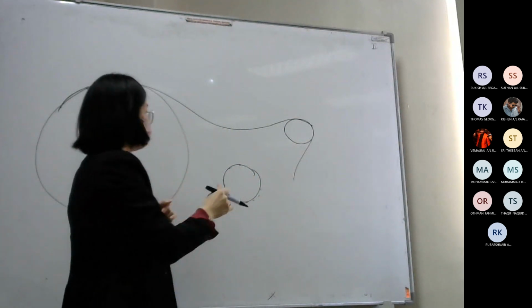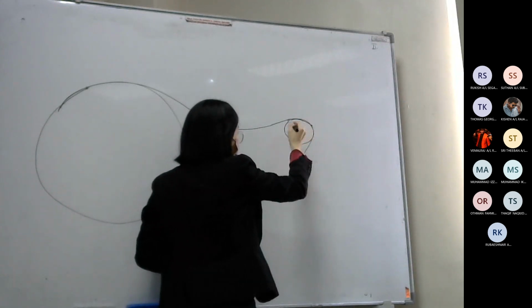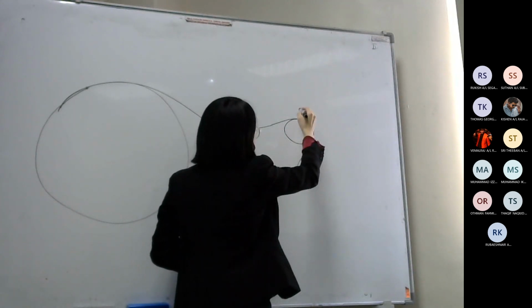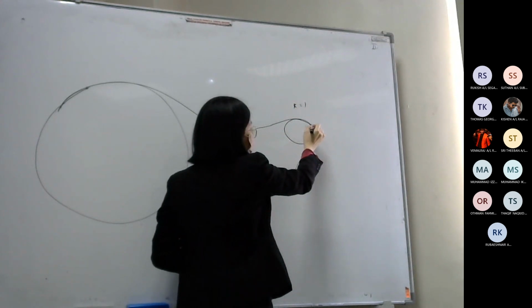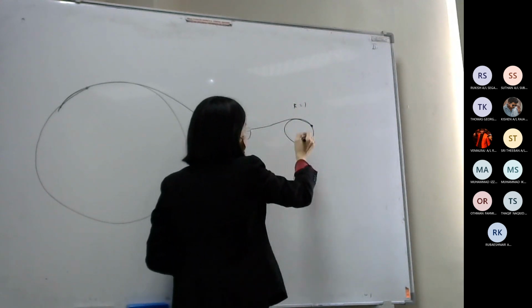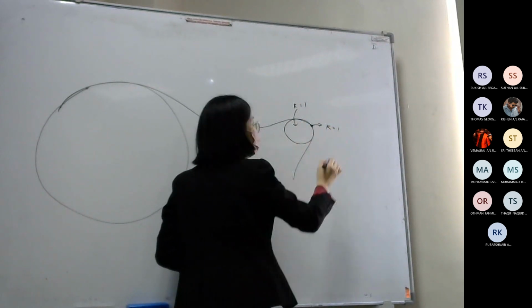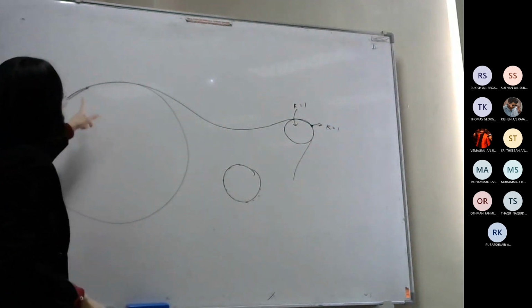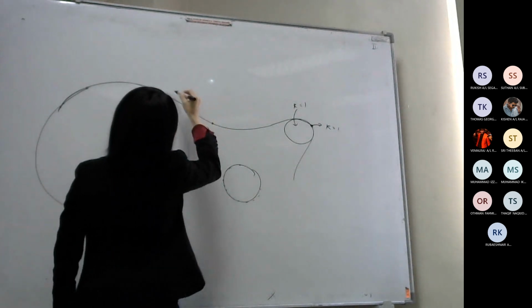Let's say the curvature is 1. This means at this point, if we have this as the oscillating circle, the curvature at this point is 1. This is what it means.